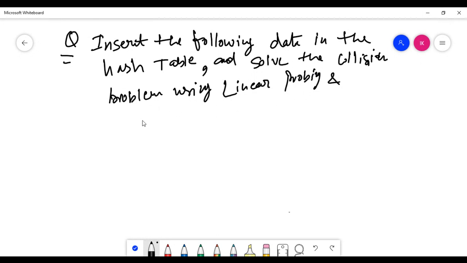Quadratic you will do plus 1, plus 2 square. Bucket or chaining, you can do the same, no problem.